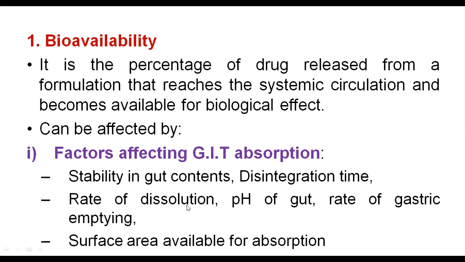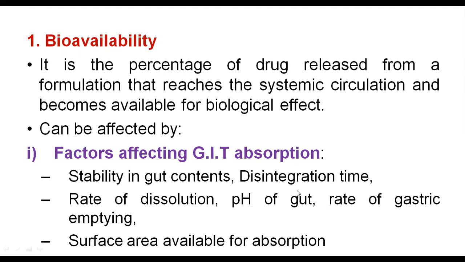Then there are factors that affect GIT absorption, because those will also affect the amount that becomes available to the tissues to exert an effect. Stability in gut contents, and disintegration time. If a drug is unstable in gut contents, like I mentioned earlier, then the rate of absorption will be slow.